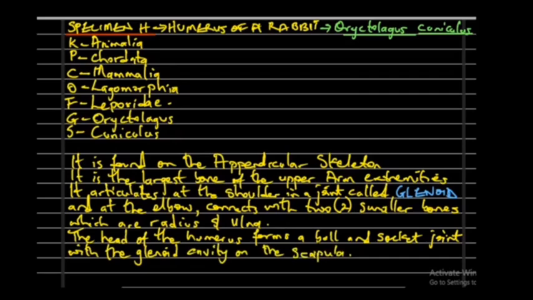So it permits a particular degree of movement. This joint permits movement in multiple planes. That is about this particular bone. It is found in the appendicular skeleton.